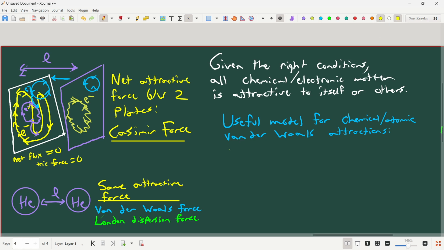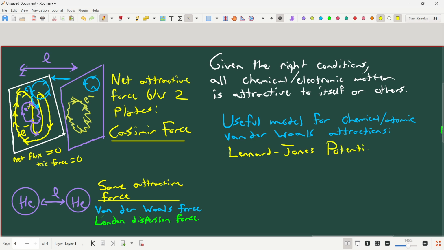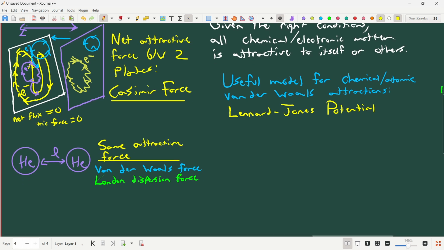It's called the Lennard-Jones potential, named after two men, Lennard and Jones. It has a really, really simple formula.